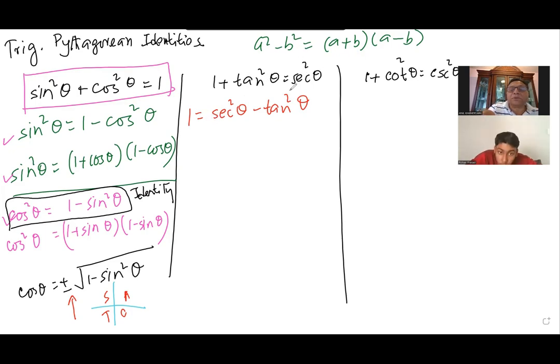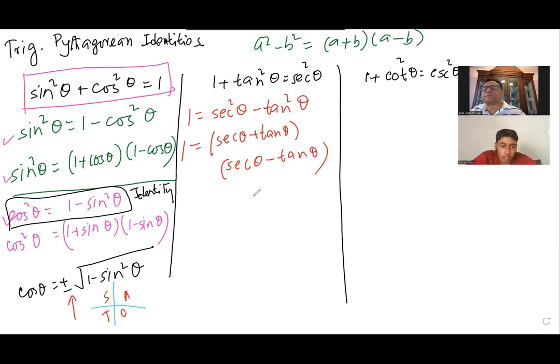Rearranging this, we can also write 1 as equal to secant theta plus tan theta times secant theta minus tan theta, correct? So you see 1 plus tan square theta equals secant square theta has been written in a different way. That will help us to prove many identities later on.